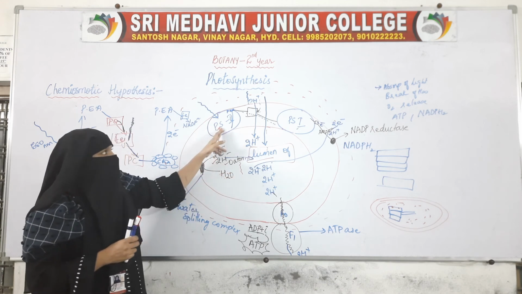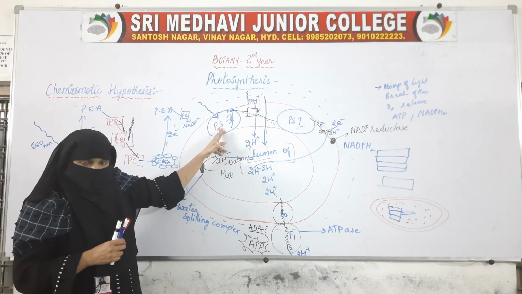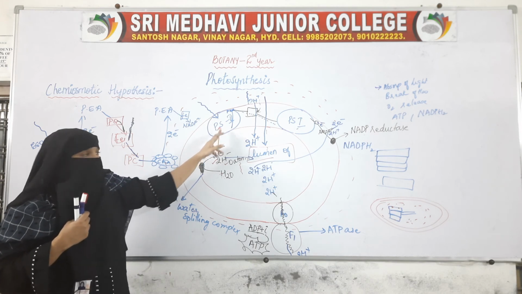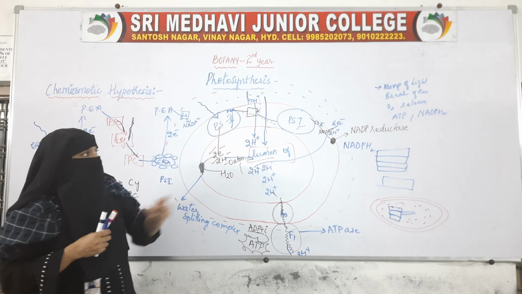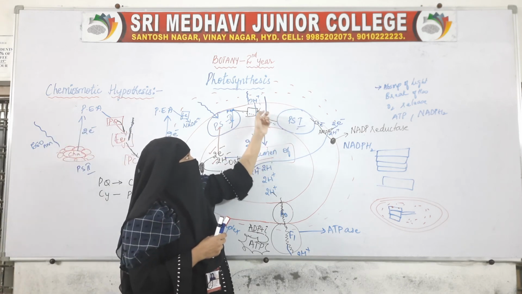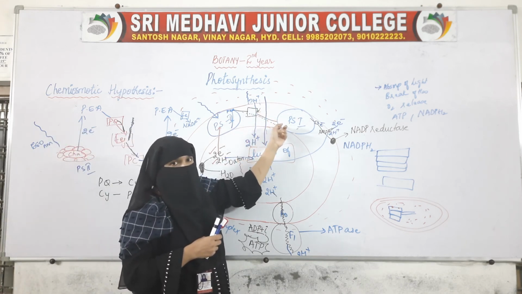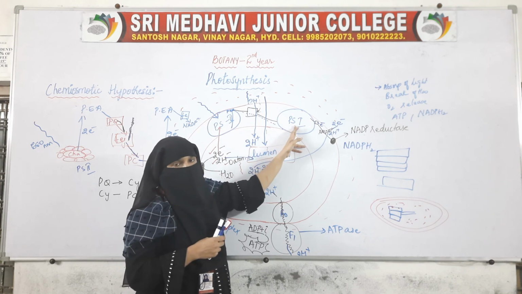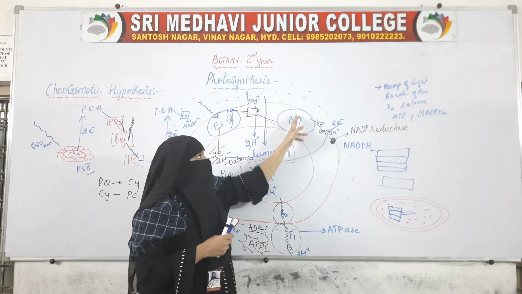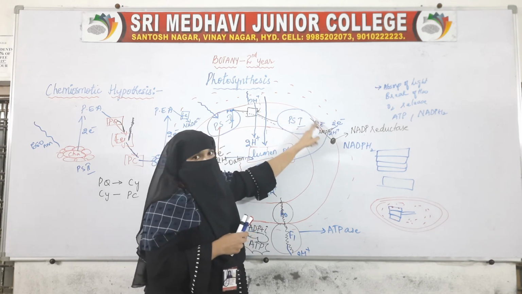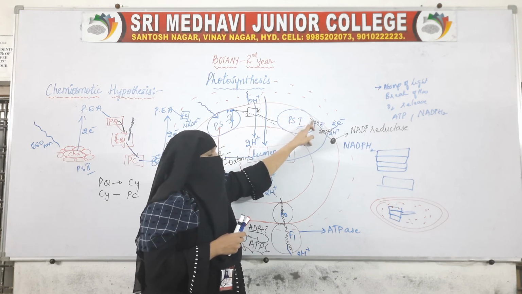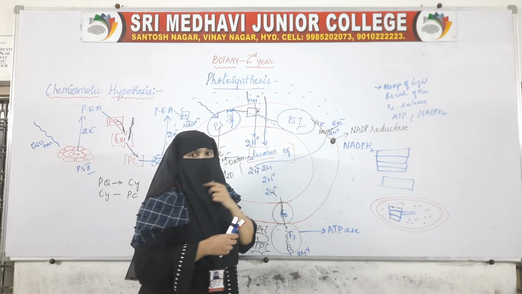This electron goes back to the chlorophyll of photosystem 2, and the electron from plastoquinone will move to photosystem 1, and from photosystem 1 again to the primary electron acceptor, to ferredoxin, to NADP plus.